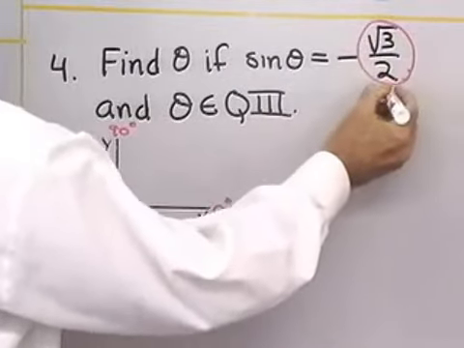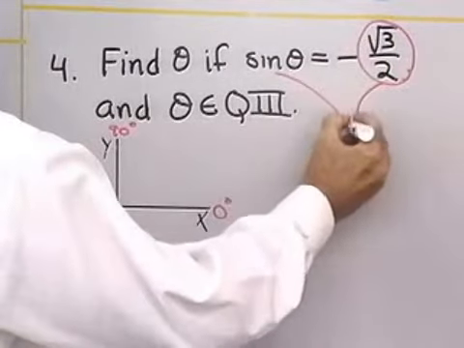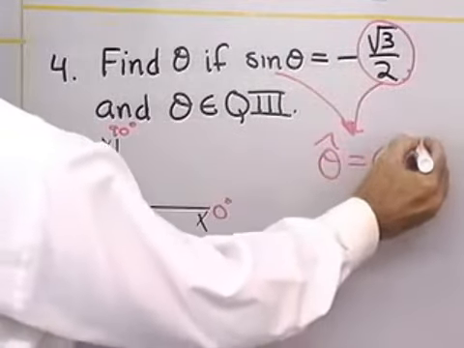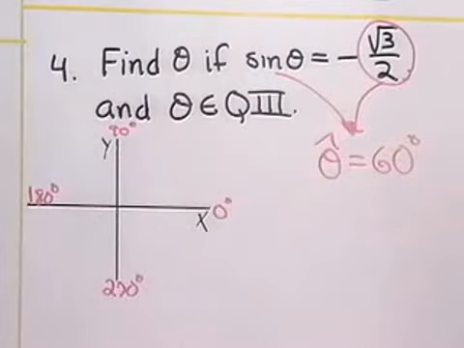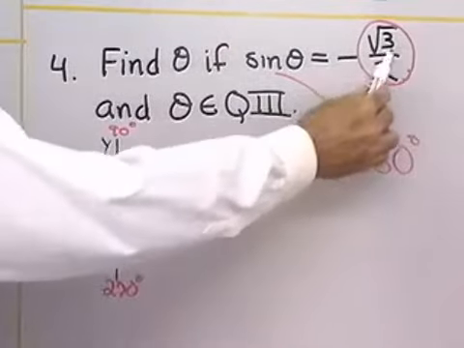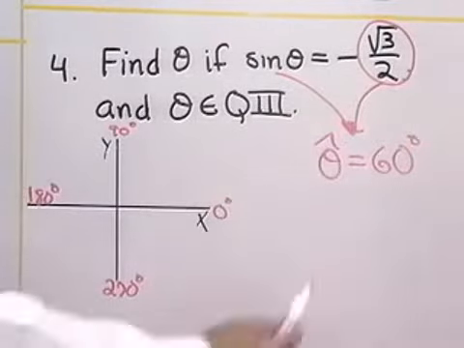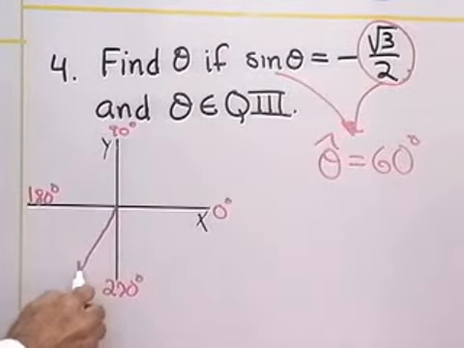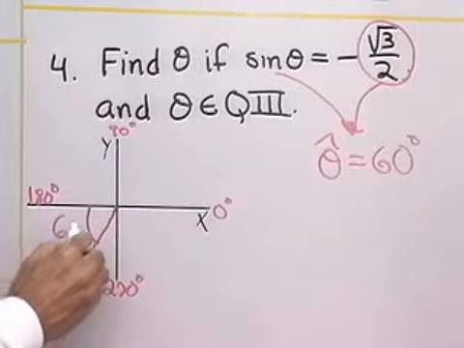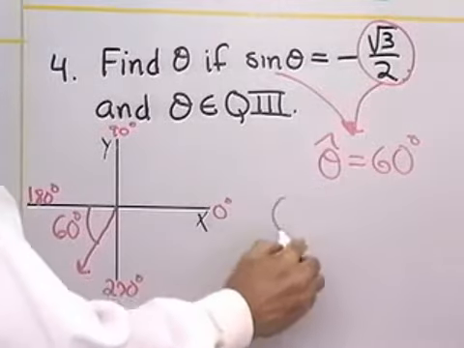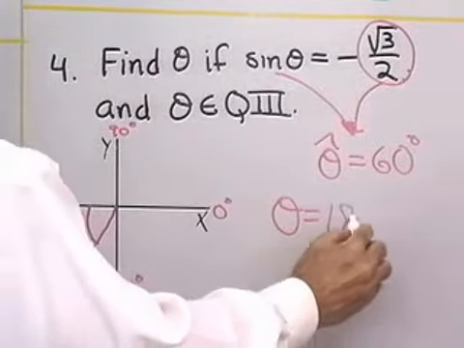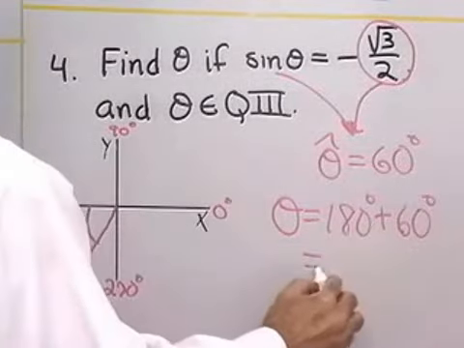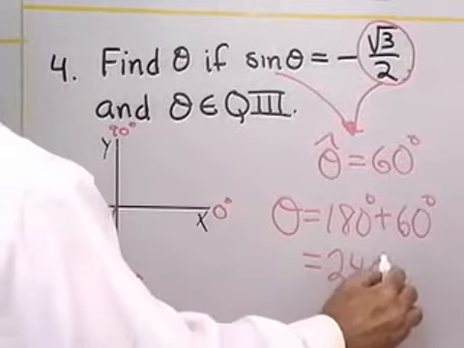My square root 3 over 2, along with the sine function, tells me that my reference angle is going to be 60 degrees, because the sine of 60 degrees has an exact value of square root 3 over 2. So here's my reference angle. I want to be in quadrant 3 with a reference angle of 60, so I'll draw that in. This tells me that theta itself must be 180 degrees plus 60 degrees, and that will come out to be 240 degrees.